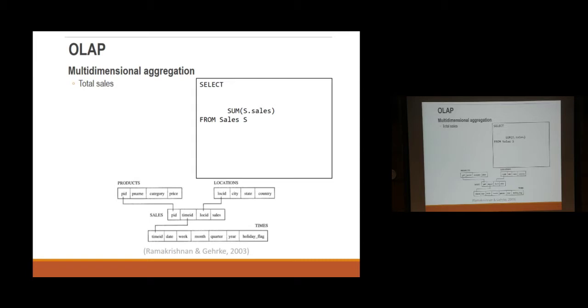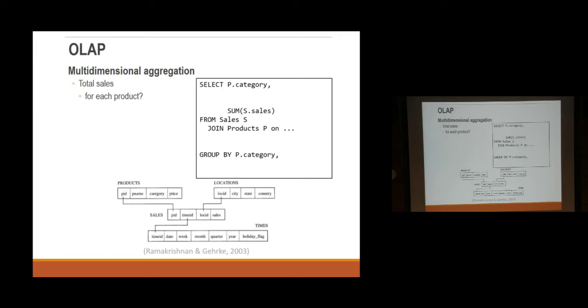However, if your table is very, very big, this is going to be a very expensive thing to compute. Now, after you compute this, you want to narrow down. I've already computed the total sales, but I want the total sales for each product, or for a single product.